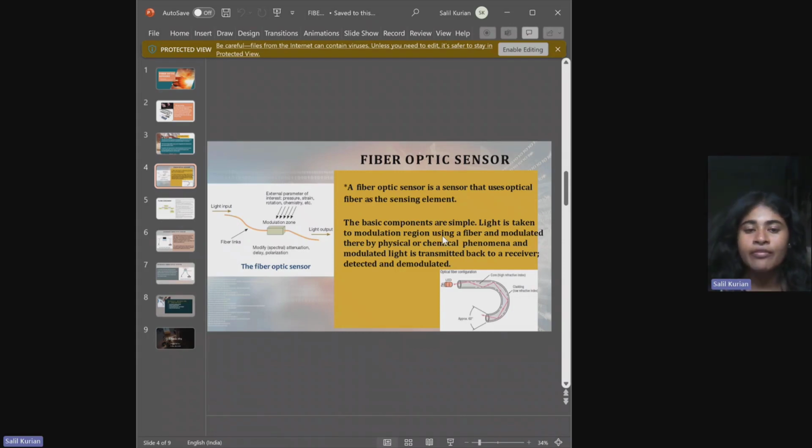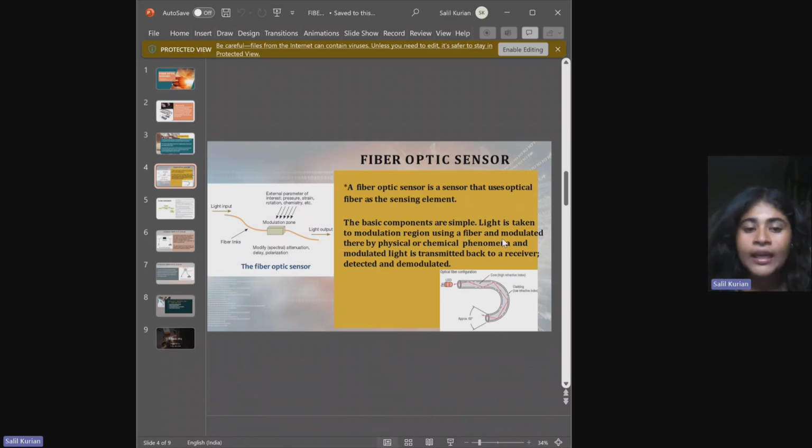That is what is referred to by modulation region. That is, we convert the physical parameters, maybe a temperature, maybe a vibration, or a strain, a rotation, anything it can be, that is modulated into a light accepting phenomena or a physical parameter, and then we are getting it as an output. That is the main process that happens here.